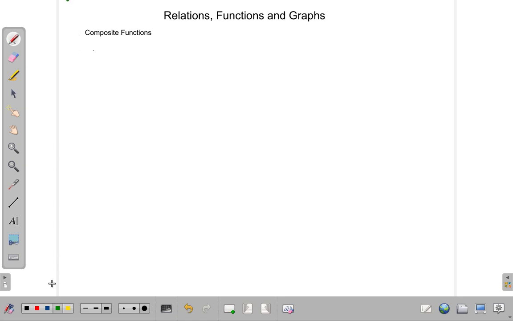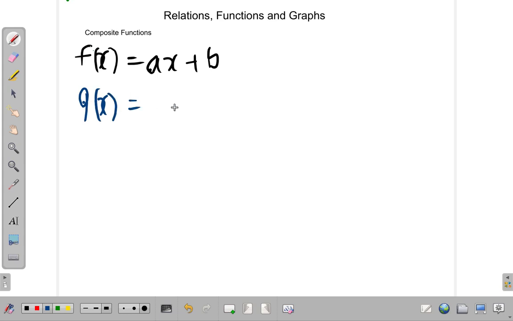It says you have a general function, f of x is equal to ax plus b, and you have another general function, g of x is equal to cx plus d.